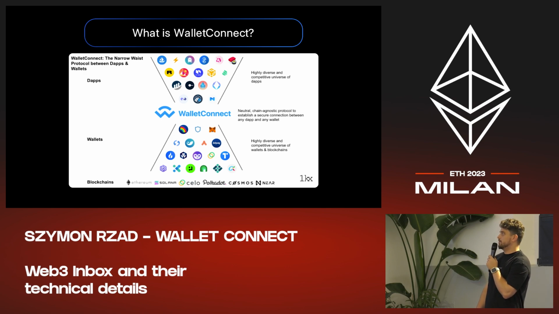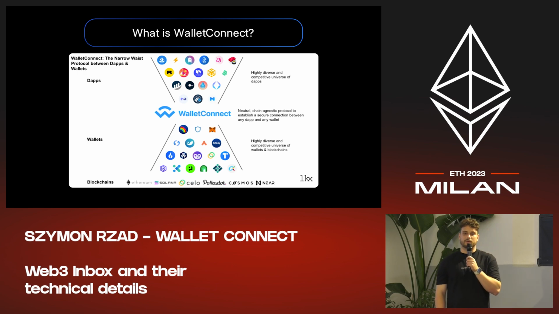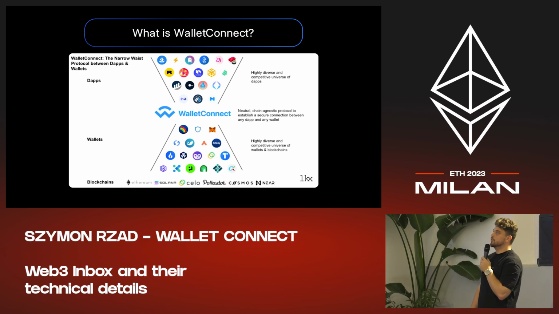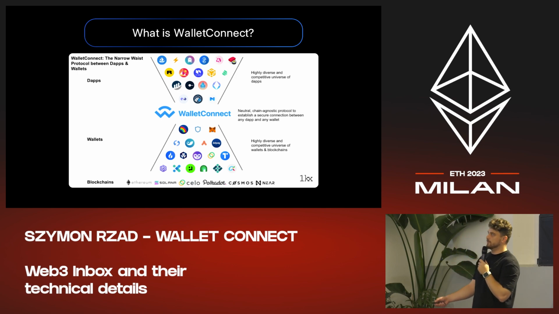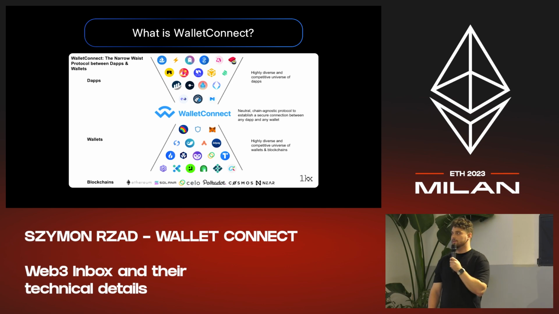That allows secure communication between wallets and dApps. And being narrow-waist means any of these apps at the top that implement the Wallet Connect protocol can easily interact with any wallets that also did their part and implemented Wallet Connect.